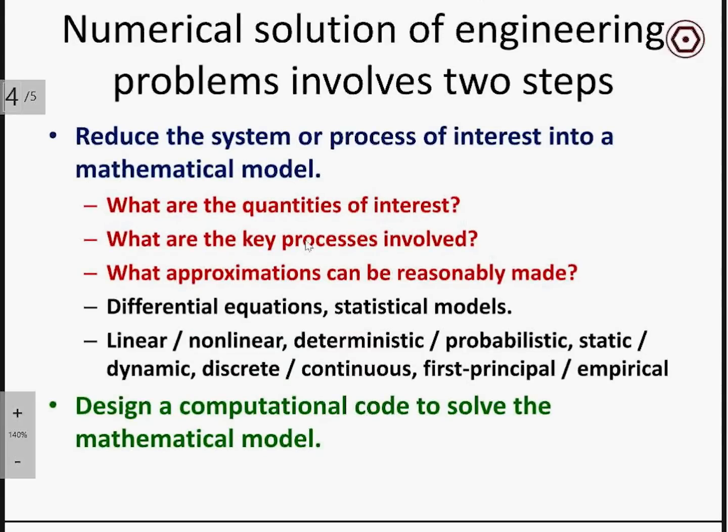To solve problems like that using numerical methods, it really involves two steps. In this subject, we are going to spend a lot of time talking about how to solve differential equations. But let's not forget the first step, which is how you would actually get these differential equations.